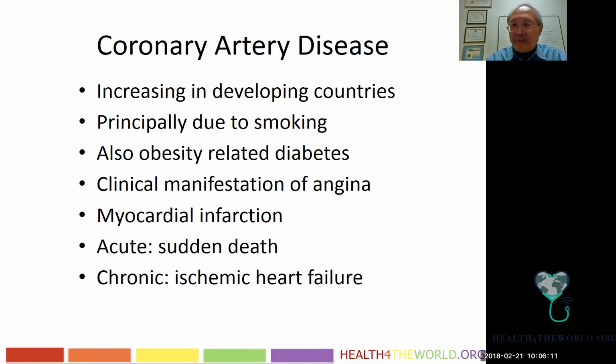When it's infarcted, that part of the muscle is gone, and there is no regeneration. Acutely, this can produce rhythm disturbance, and a patient can die acutely from sudden death because of arrhythmia. Chronically, as the myocardium is injured, depending on the extent or repeated injuries of the myocardium, you can set up ischemic heart failure. That is, the remaining muscle is just not enough to produce the kind of cardiac output we need to sustain the usual activity of that patient.